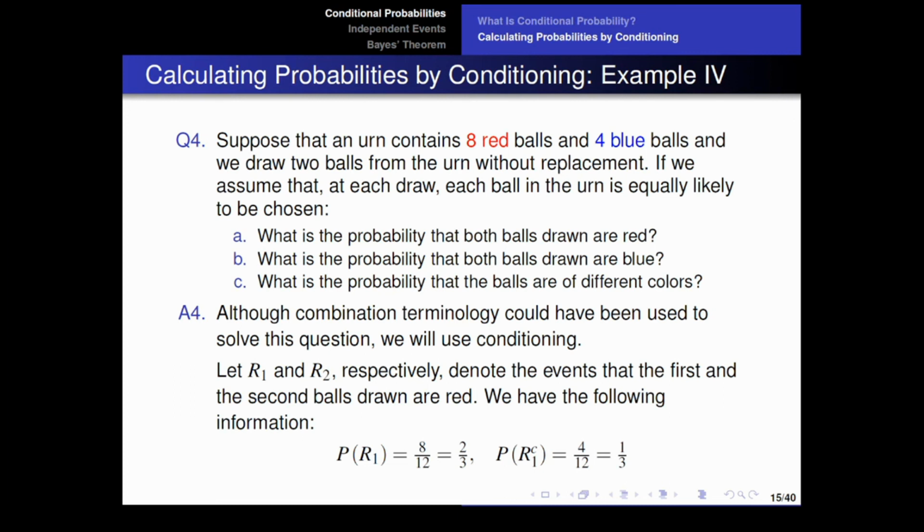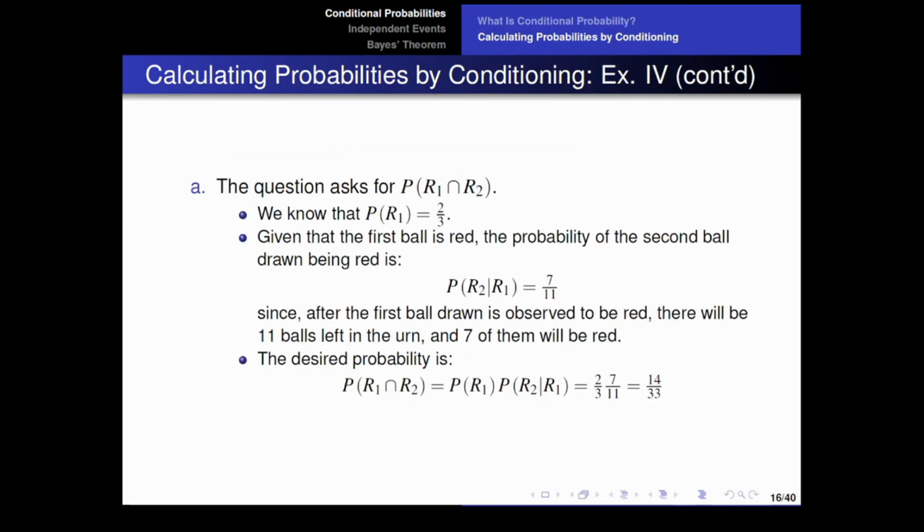So we should not use another letter. For example, blue starts with B, so we should use B1. Do not do that. It's not necessary. Selecting a blue ball is the complement of selecting a red ball. So the probability of selecting a blue ball in the first try is 4/12, and that is 1/3. Now this is still the information given by the question.